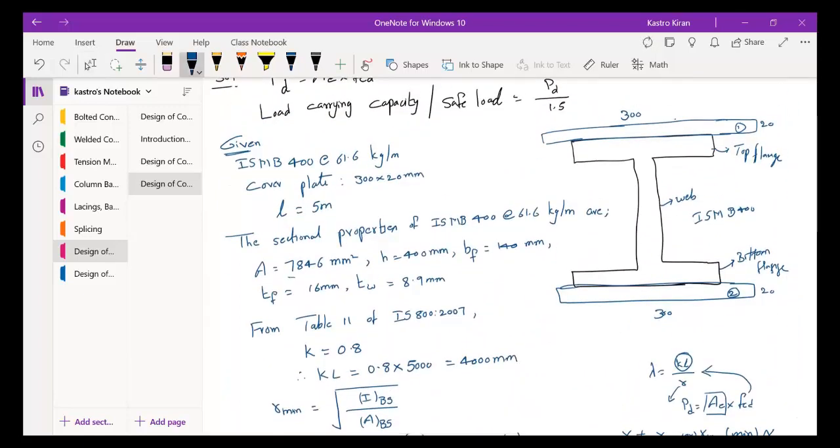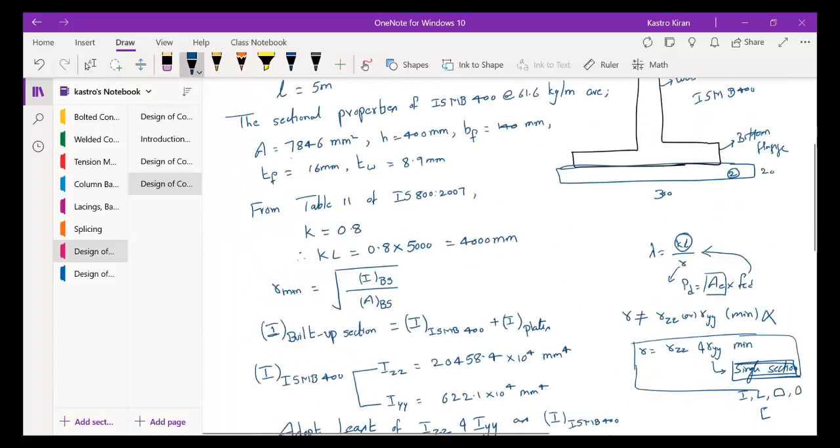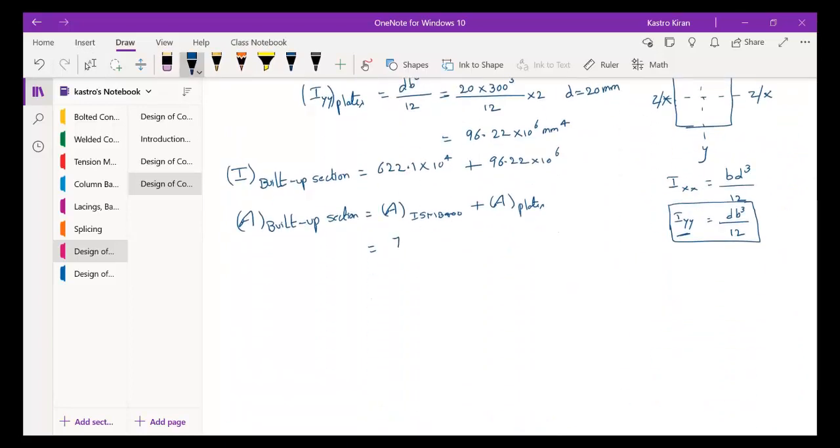It is 7846. This value is obtained from the steel tables book. So it is 7846 plus area of plates.